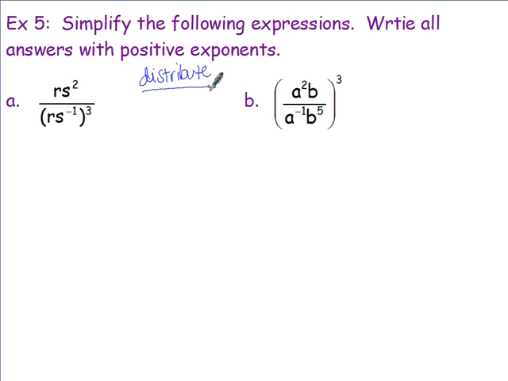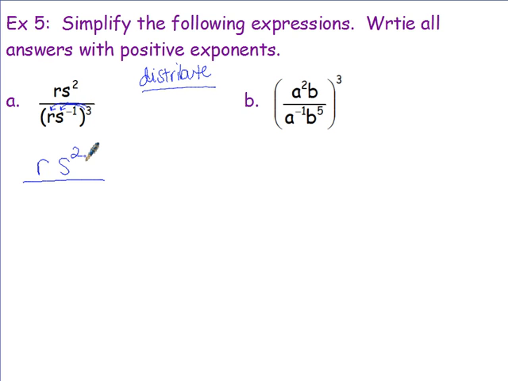I see them only on the bottom, which means I'm only distributing on the bottom. This 3 is going to get distributed to both the R and the S. Keep the top exactly the same. R, S squared.